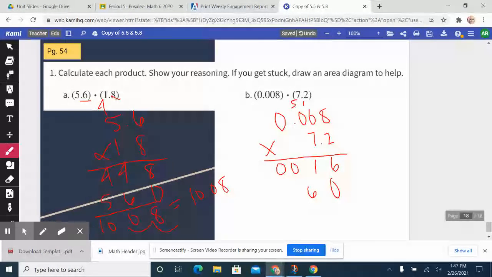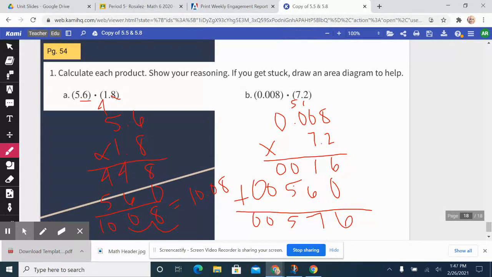And then 7 times 6, 42 plus the 5. So you get 5 here, and then you get 0, 0. And then I have 6, and then I have 7, and then I have 5, 0, 0. Now my decimal places are 1, 2, 3, 4. So 0.0576. Okay, so you're going to go back to the meet, turn in your notes, and we'll start practicing this.